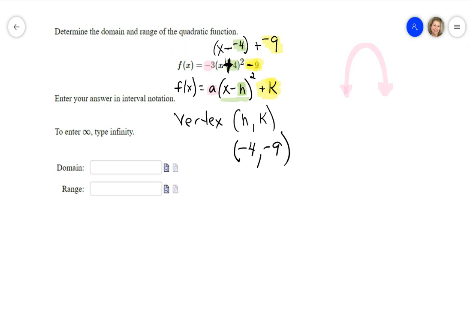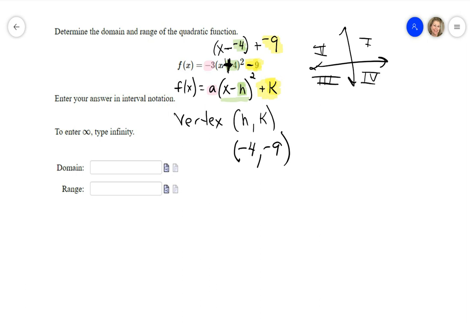Okay, now this is my vertex, which is at -4, -9. Oh boy, that is way down in quadrant number 3. If you've forgotten your quadrants, this is quadrant 1, this is quadrant 2, this is 3, and this is 4.